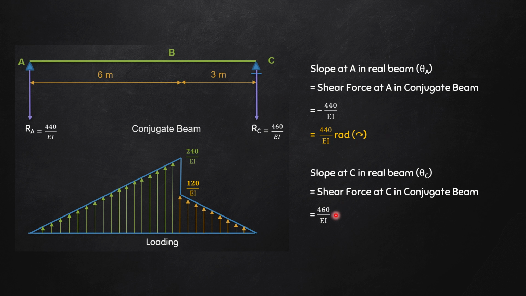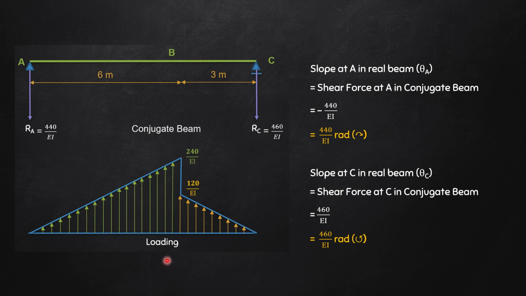And since this has come out to be plus, therefore the rotation is in the anti-clockwise direction. The slope at C is in the anti-clockwise direction. So another answer we had found out, that is slope at C in the real beam is 460 divided by EI in the anti-clockwise direction.